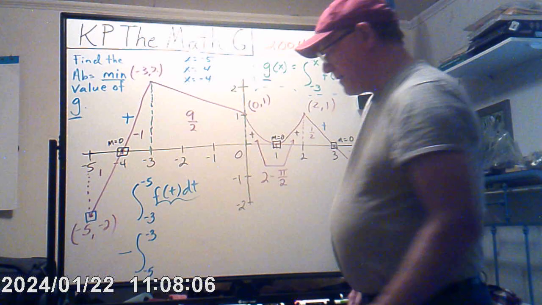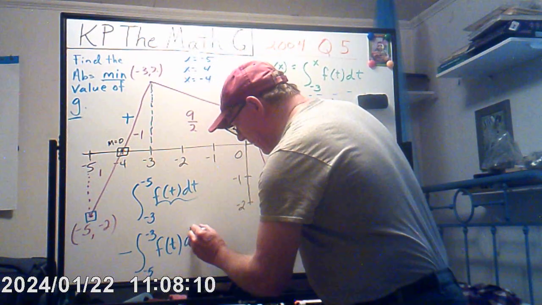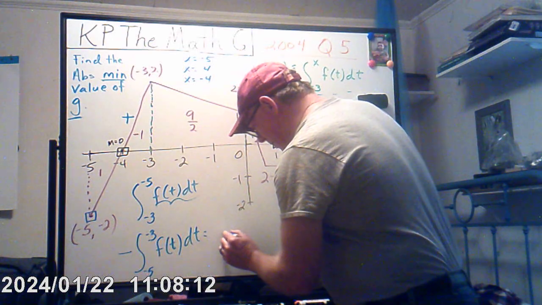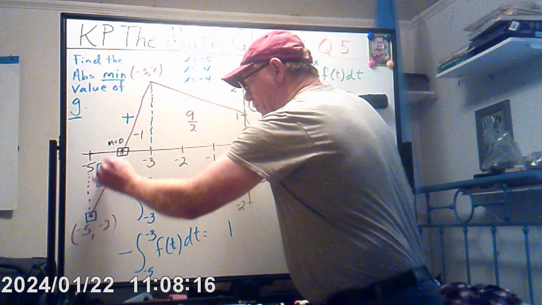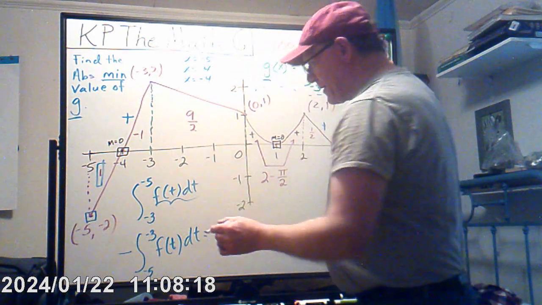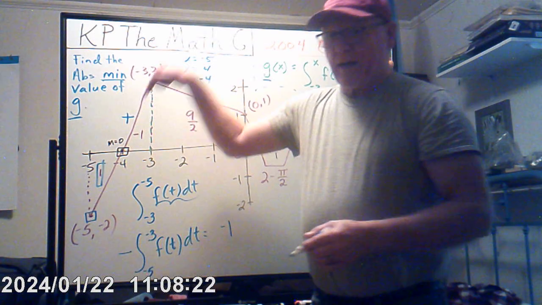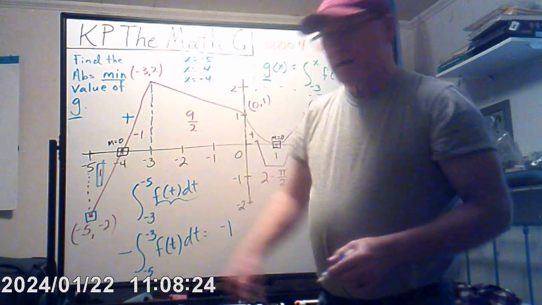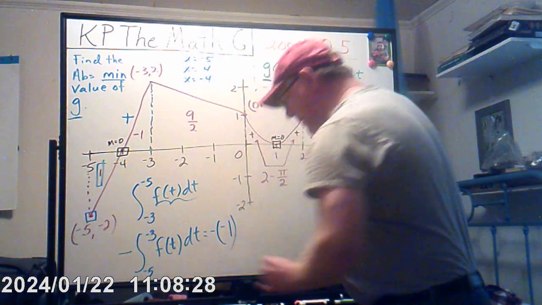Now, we just found this answer to be equal to 1. Right there, it is 1. Well, it's actually negative 1, because it's below the x-axis. But the negative in front makes this negative 1.